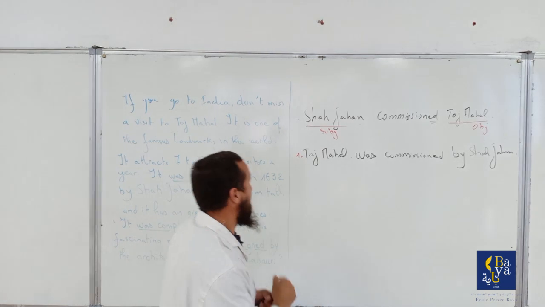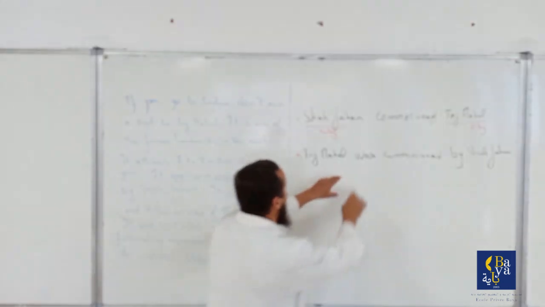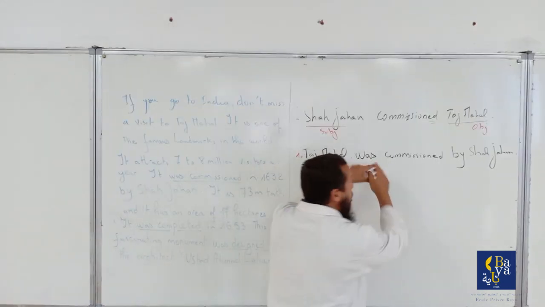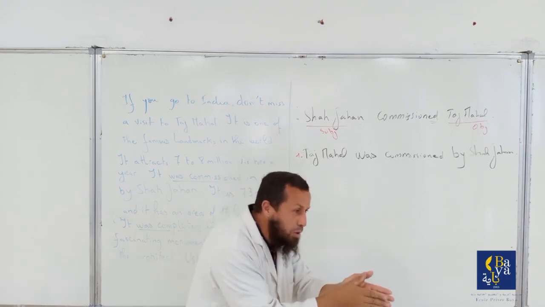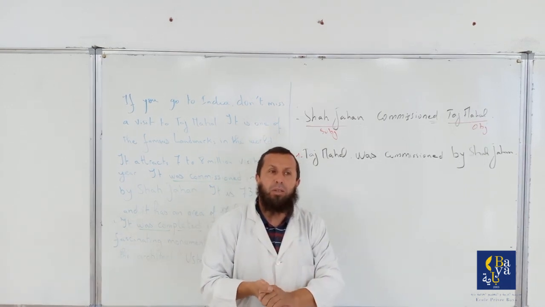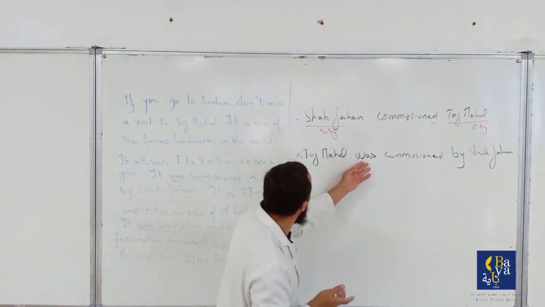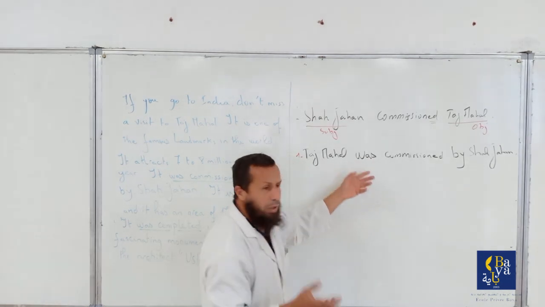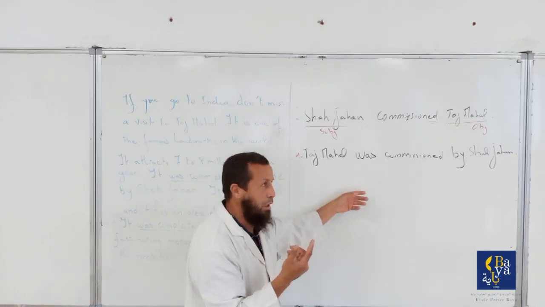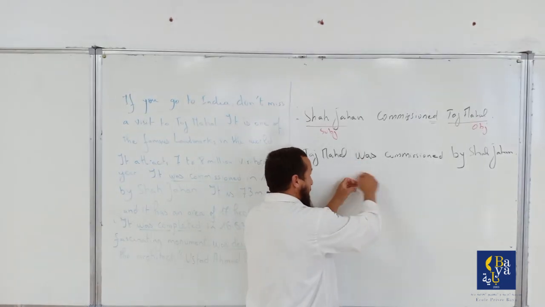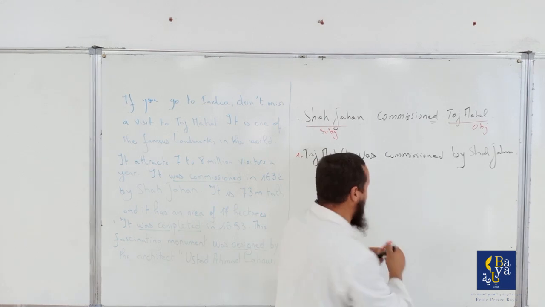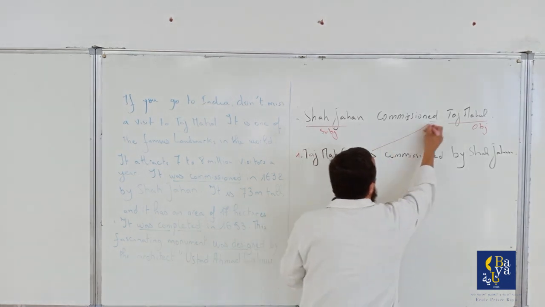Now the problem is, if I ask a question here, why is it was and not is? Why? Verb to be. Why is it was and not is? This one follows this one.